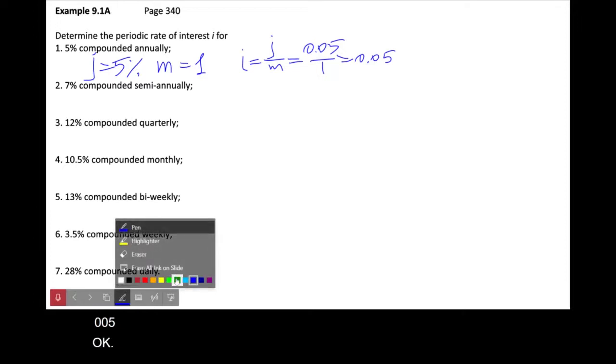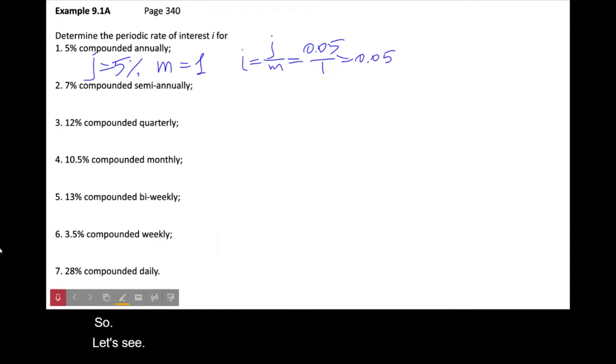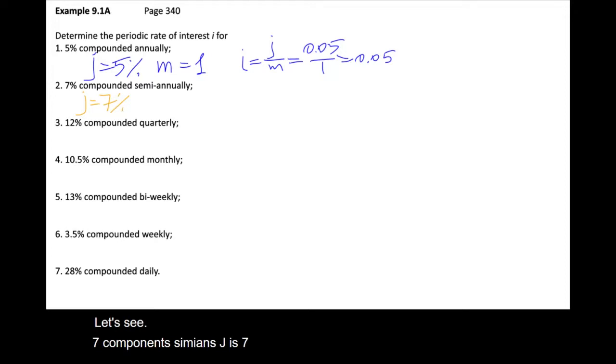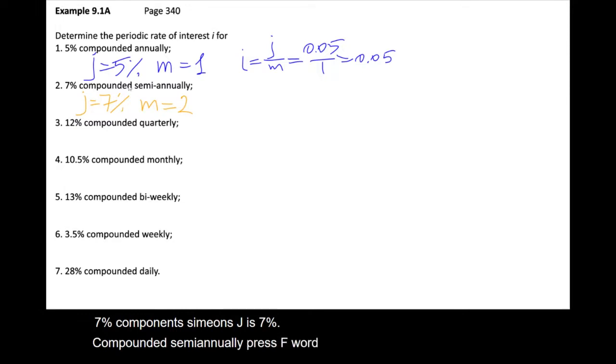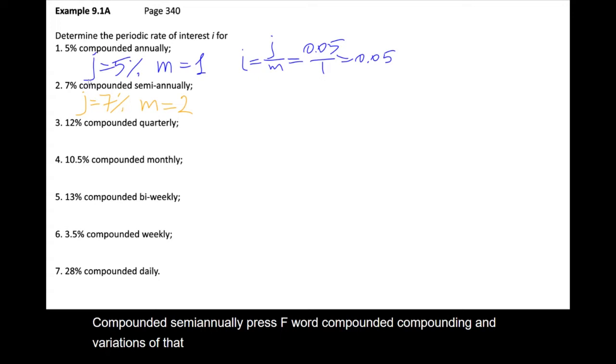Let's see, 7% compounded semiannually, so J is 7%. The word compounded, and variations of that word, is an indicator, a highlighter, that we deal with compound interest.